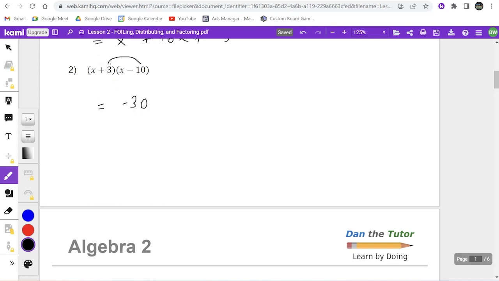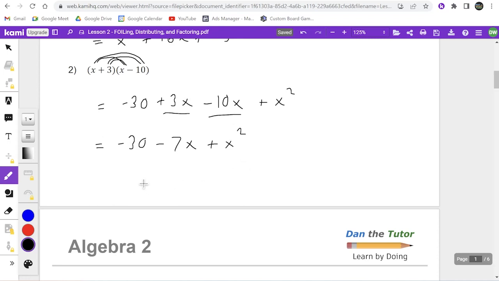Then I can do inner if I want to. So 3 times x is plus 3x. Then I can do outer. X times negative 10 is minus 10x. And then x times x, again, is x squared. So plus x squared. And again, I got to combine like terms. So I'll get negative 30 minus 7x, because 3 minus 10 is negative 7, plus x squared.